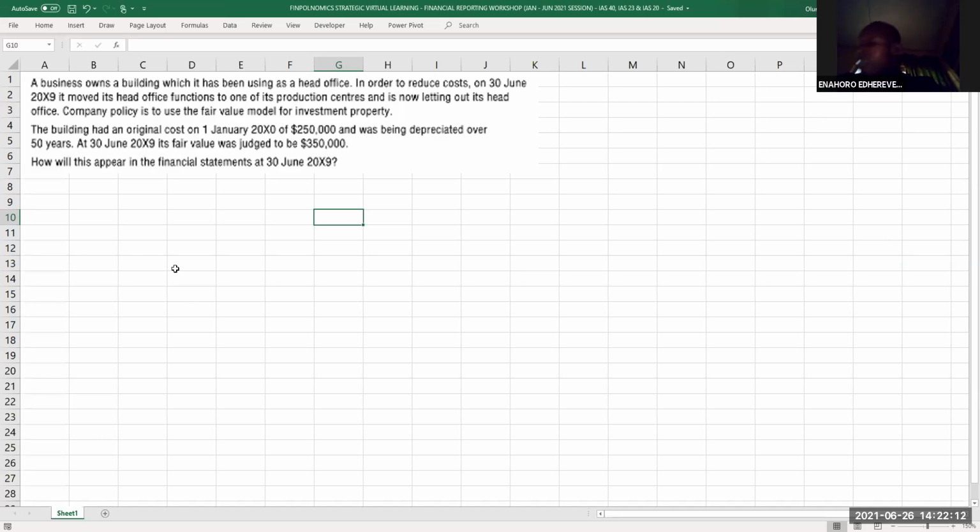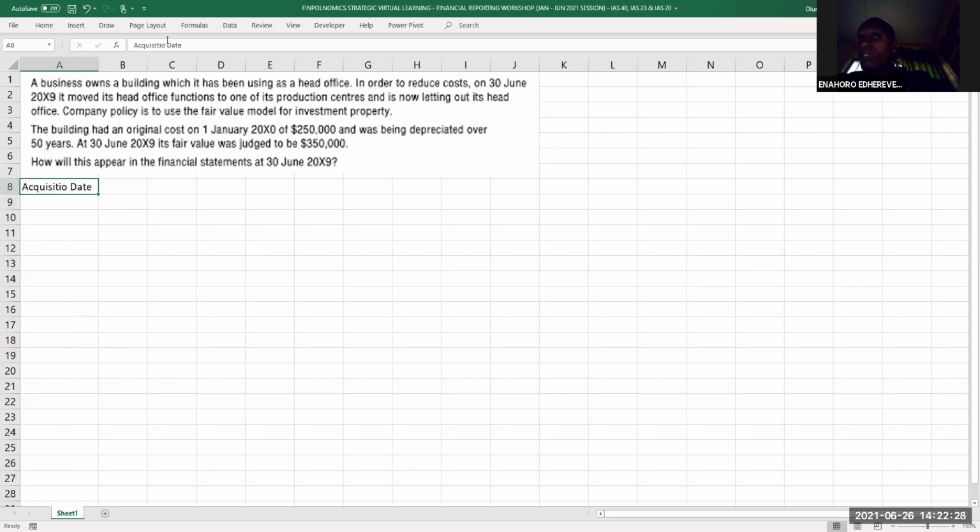So the carrying amount as at the date that the property was converted to investment property, having been used for 9.5 years, was 202 when you deduct accumulated depreciation. And it was on that date that it was converted to investment property. When it was revalued, it was valued at 350.